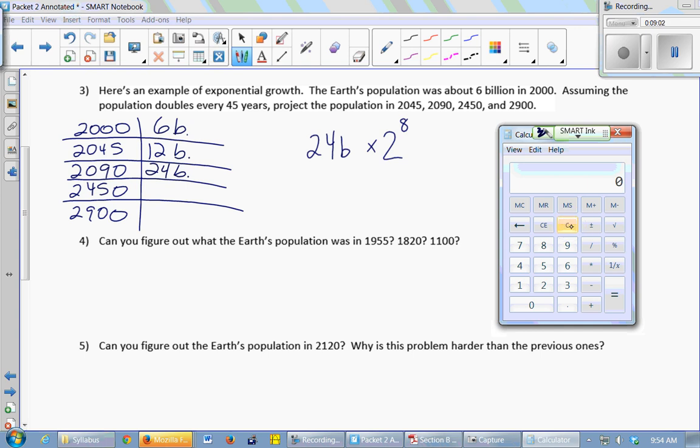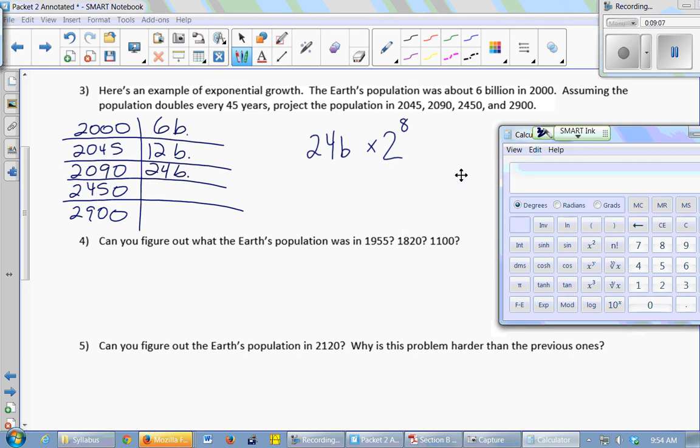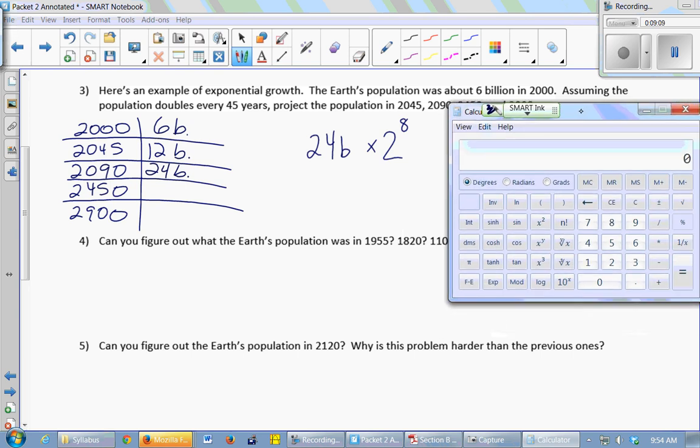So if I do 2 to the 8th, need a better calculator here. 2 raised to the 8th is 256 times 24 billion is 6,144. Still in billions, which you could also write as 6.144 trillion.